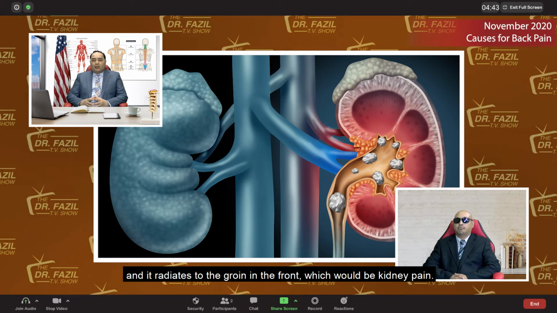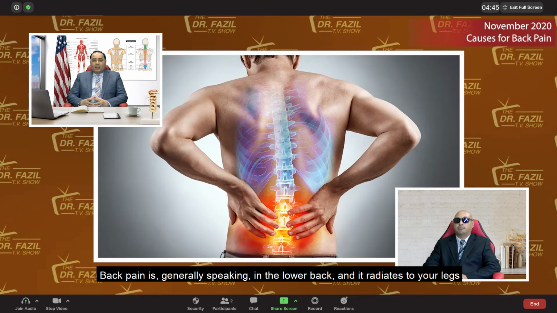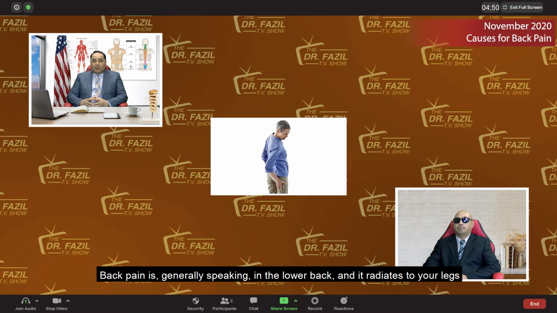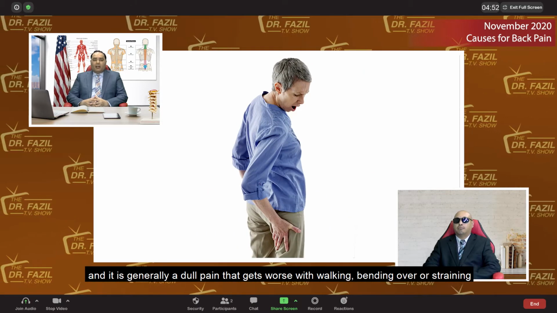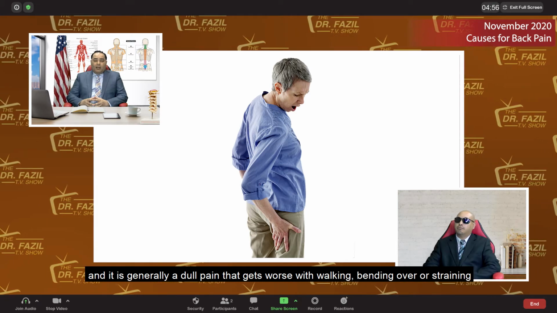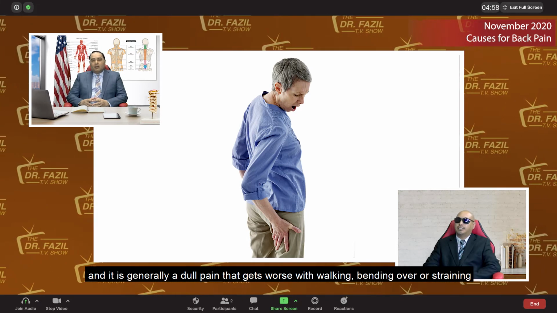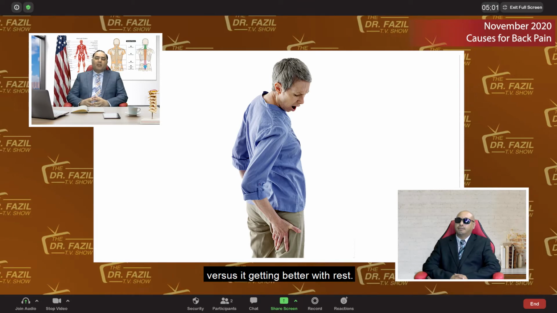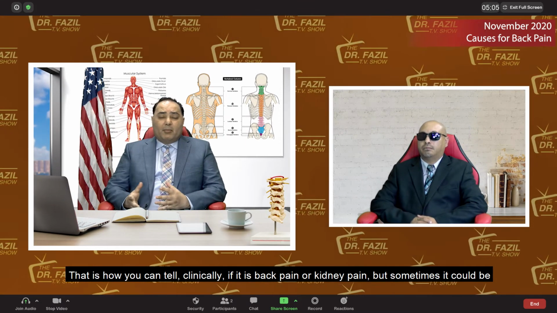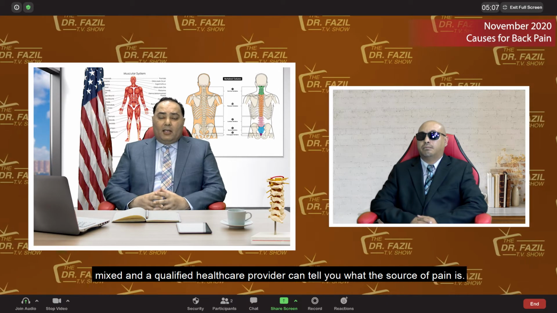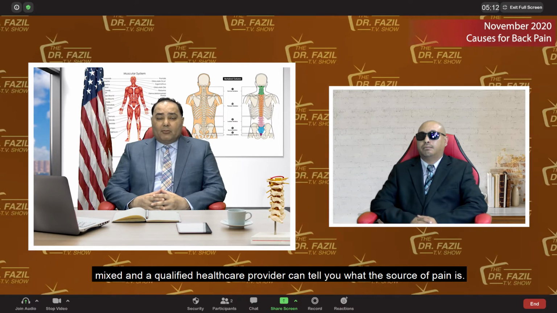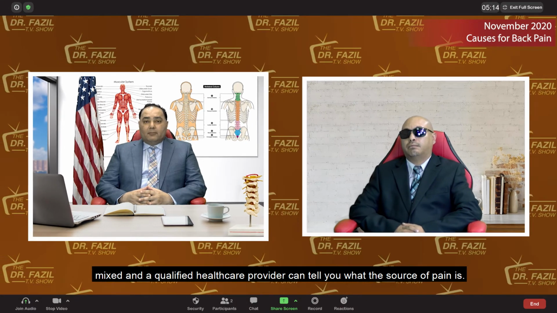That would be kidney pain. Back pain, generally speaking, is in the lower back, and it radiates to your legs, and it is generally a dull pain. It gets worse with walking, bending over or straining, and gets better with rest. That's how you can tell clinically if it's back pain or kidney pain, but sometimes it could be mixed, and a qualified healthcare provider can tell you what the source of pain is.